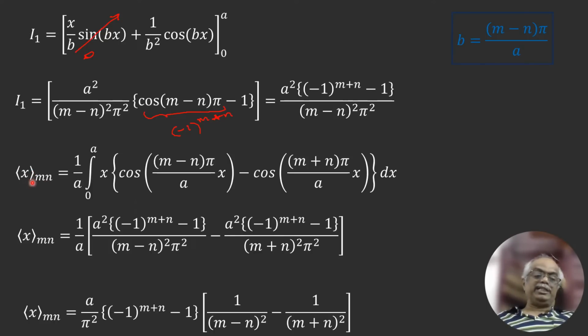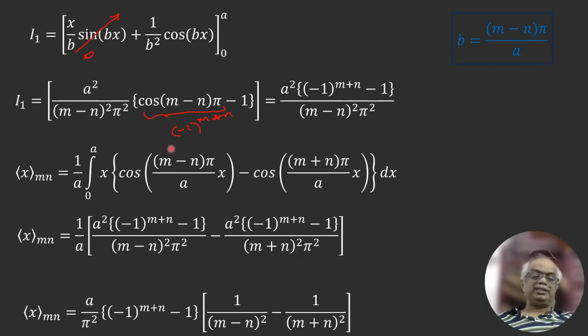So then we have seen the expectation value of x_mn for the first particle, a and b, is equal to 1 over 2, integral 0 to a, of x cos((m minus n) pi x divided by a) minus cos((m plus n) pi x divided by a).